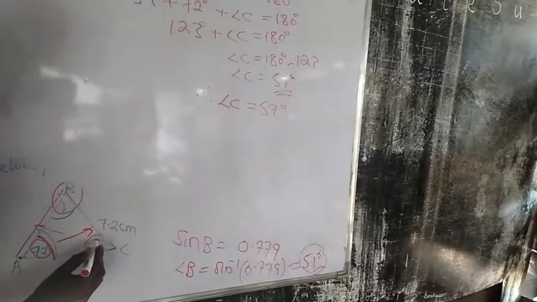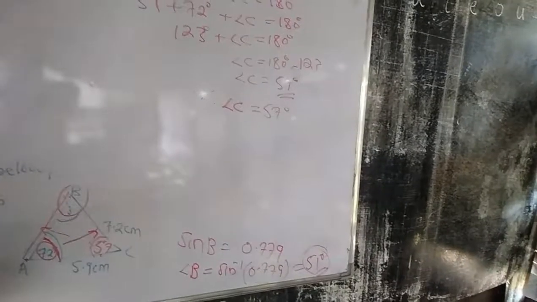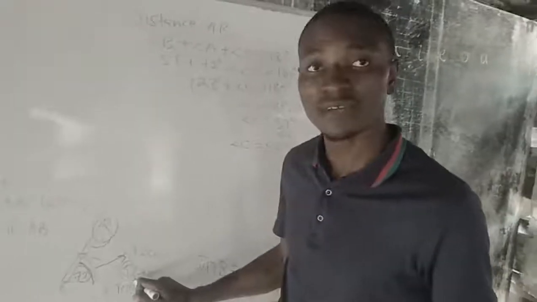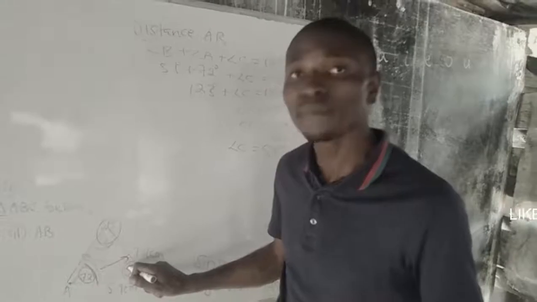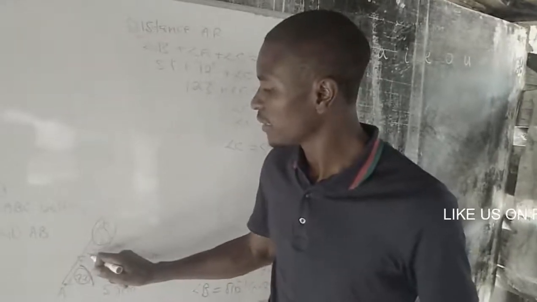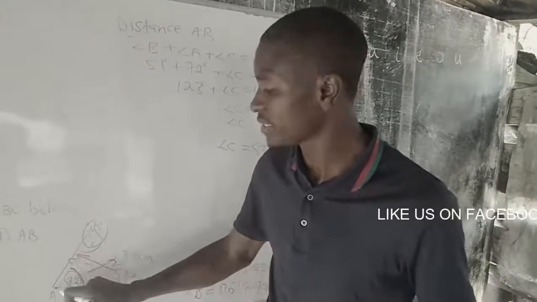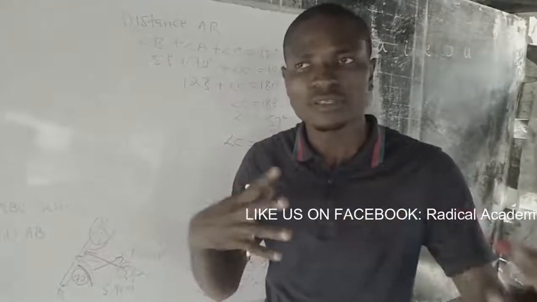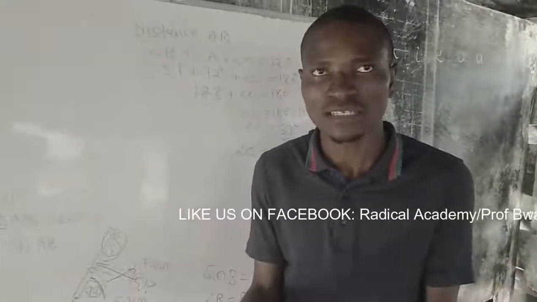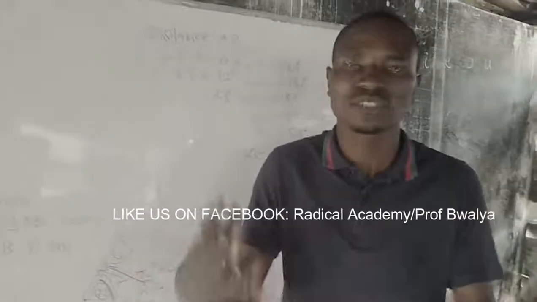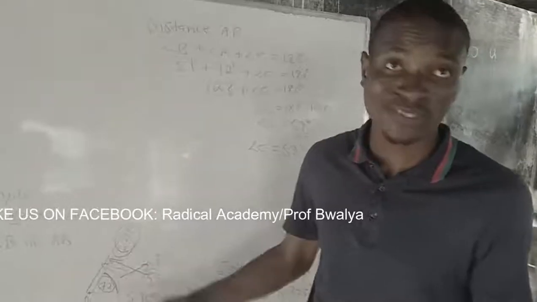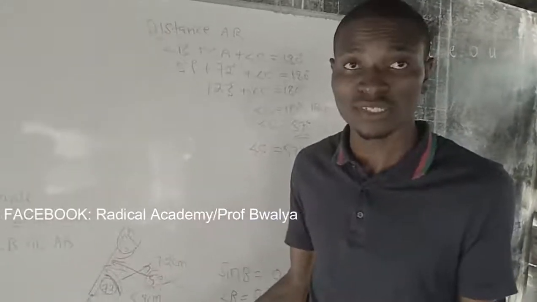Then, this is 57. So now, it is only when we have found the angle C to be 57 that we'll be able to simply calculate its opposite, which is the distance AB. Therefore, this is how the examiner wants you to be thinking, okay? Don't just say, how am I supposed to solve if they didn't ask the question?